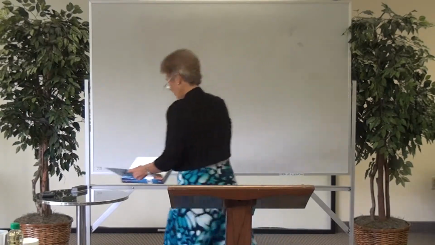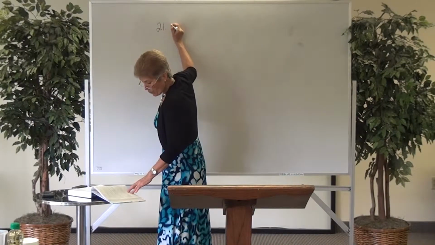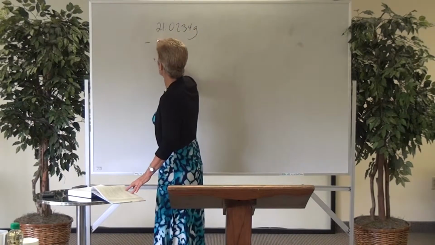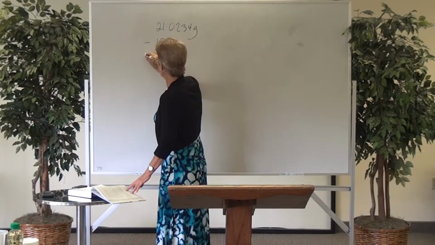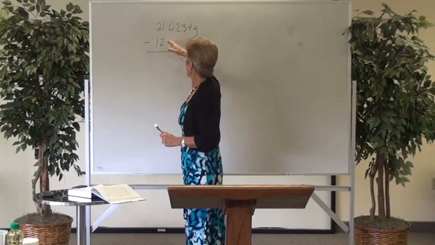Number 12, what is the correct answer for the following equation? Okay, so if we do 21.0234 grams and we subtract from that 12 grams, you would get an answer with a whole bunch of digits.